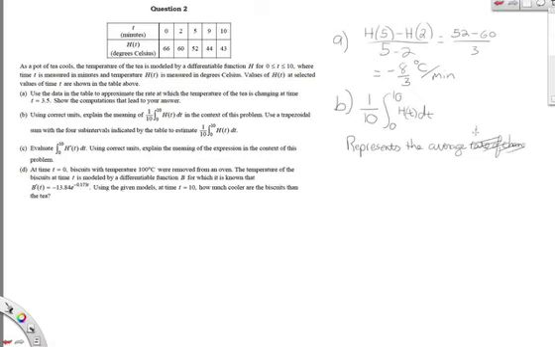The average temperature, because that's what we're adding up, is the temperatures in degrees Celsius from time equals 0 to time equals 10 minutes. Average temperature, we might want to say of the tea, just to throw the context of the problem in here.